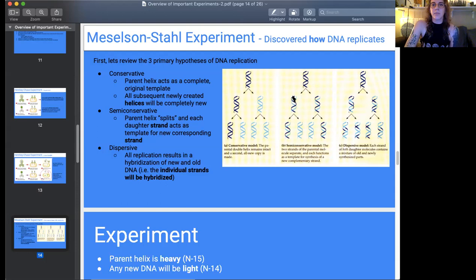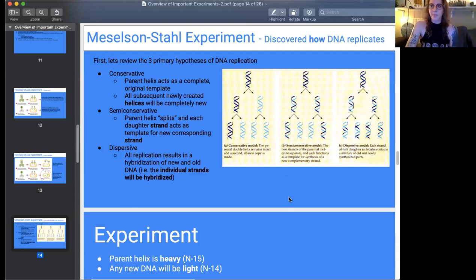It's easy to see with this dark blue strand that it's being transferred here, and the corresponding light blue strand is completely new DNA. This is harder to tell, but we can see this light blue strand going here. So one of these light blue strands is from the parent and one is new, and for further generations the same thing happens: you get one strand from each, and all the other strands will be new.